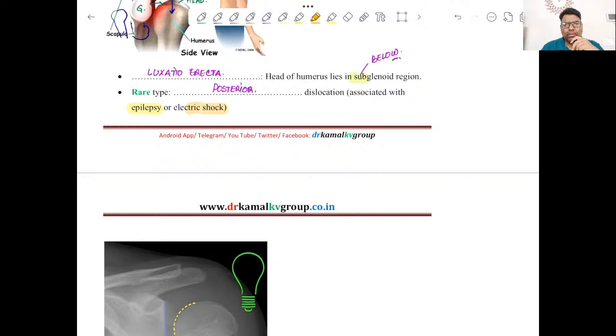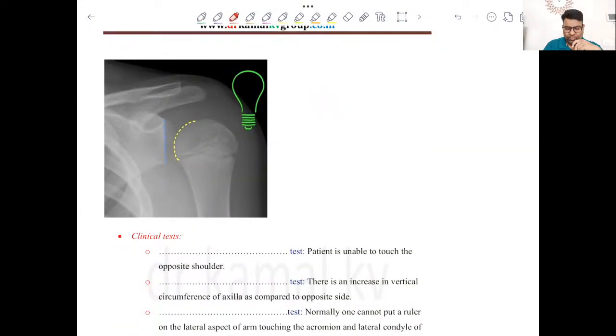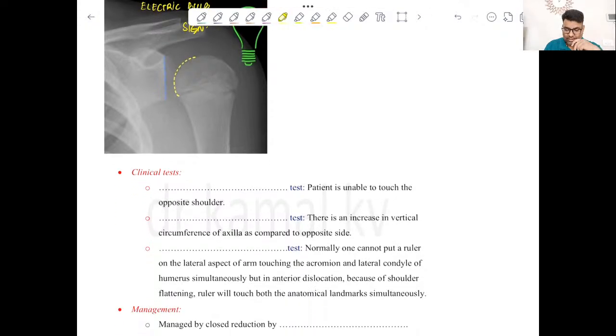So if any question presentation includes any mention of epileptic fit or electrical shock, and it points towards dislocation of the shoulder, definitely the answer has to be posterior shoulder dislocation. Clear? And for posterior shoulder dislocation, you have to remember one important radiological sign, and that is the electric bulb sign, right? So this is for posterior shoulder dislocation.